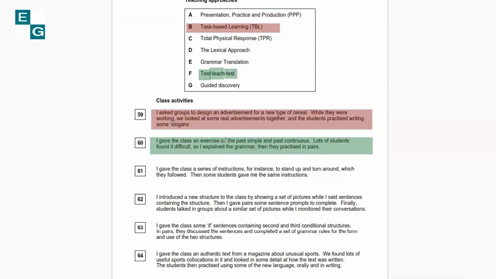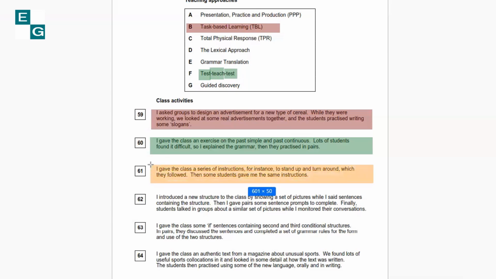That's why the method is teach, test, teach. But in this case, it's going to be test first, teach second, and test in the end. TTT, test, teach, test. That would be the class approach you decided to use with this group of students.